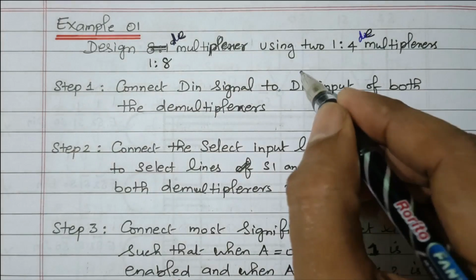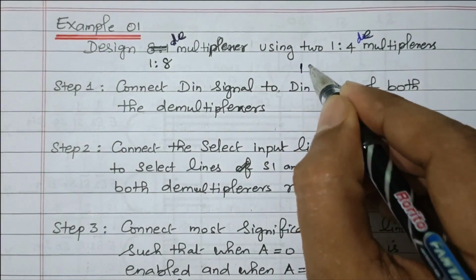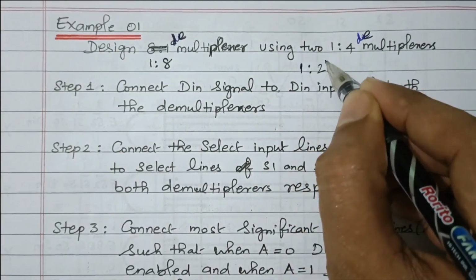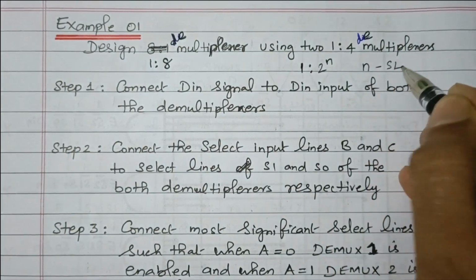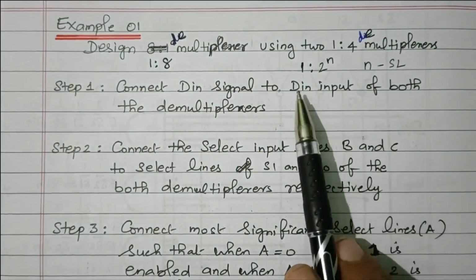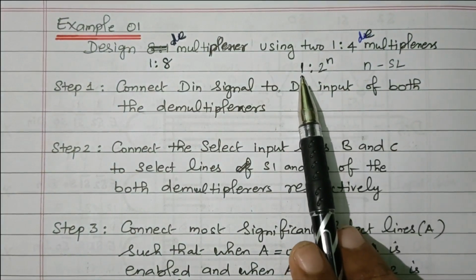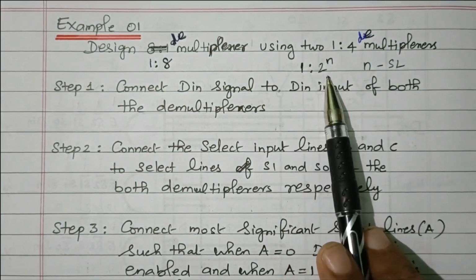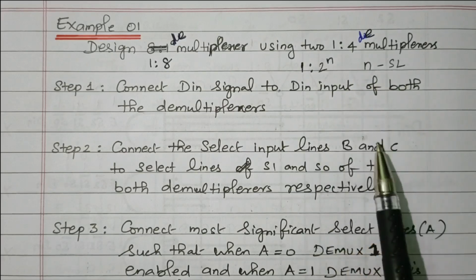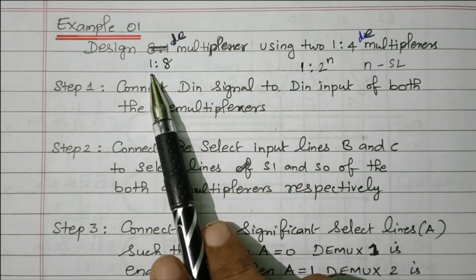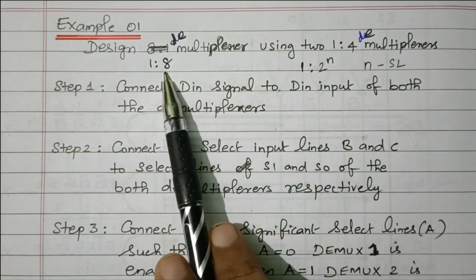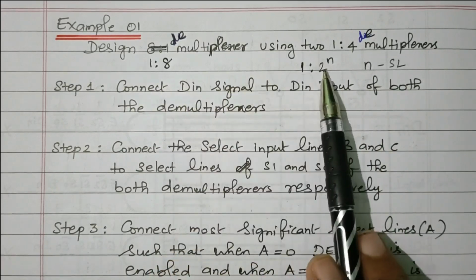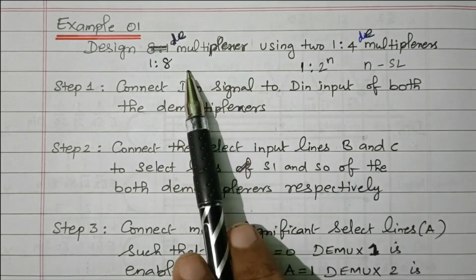We know that a demultiplexer is a device having only one input, 2 to the power n outputs and n selection lines. So this is the basic structure of the demultiplexer: one input, 2 to the power n outputs and n selection lines. Here, n is 3, so 2 to the power 3 is 8 outputs and 3 selection lines.